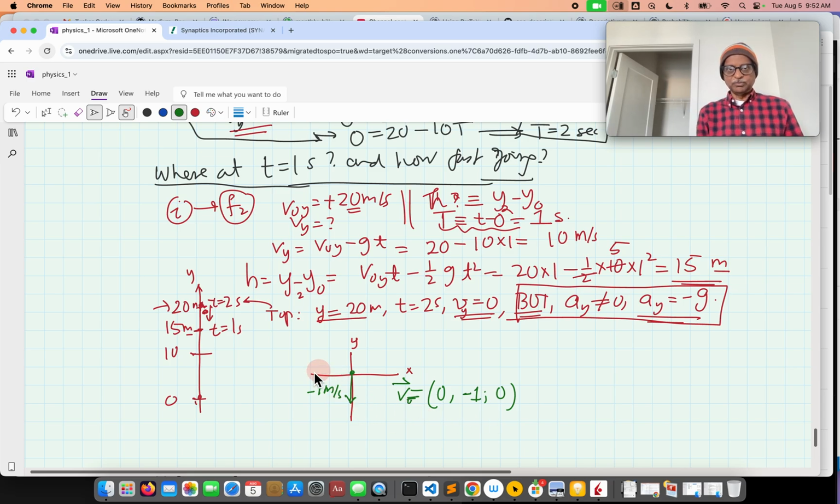So that's where, in the next instant, I'm going to pick up and become negative. Till then, vy was positive. Just before it came in, it was pointed up. Of course, at this point, it was going 10 meter per second.